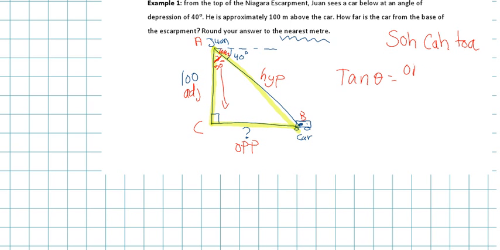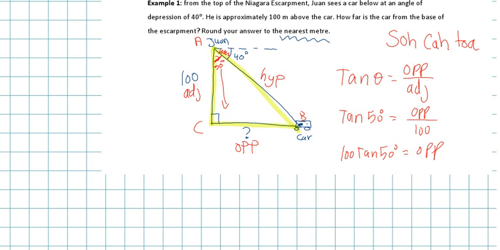Now I wrote the formula down. I'm going to fill out the information. So tan 50 equals the opposite, which I don't know, over the adjacent, which is 100. All I have to do is cross multiply and then find the answer. What do you guys get? 119.19.